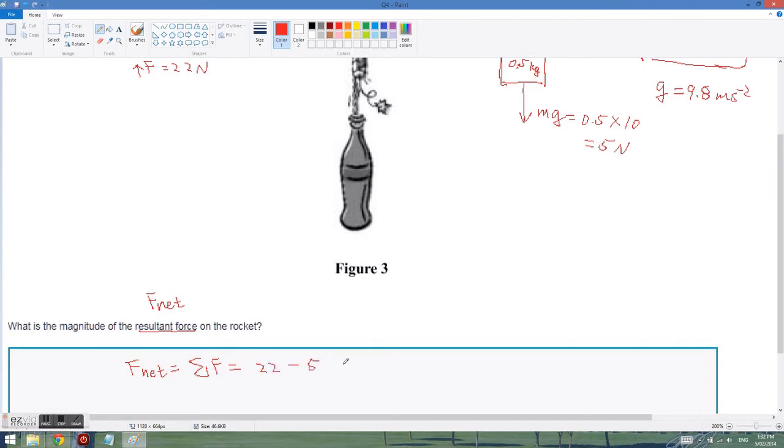Use a calculator, 17 newtons. That should be the answer. Now let's go to the next part. If you forgot about gravity, write it down in your cheat sheet. Always remember gravity.